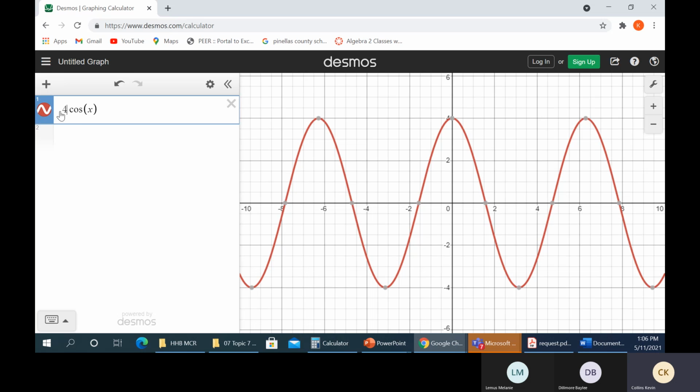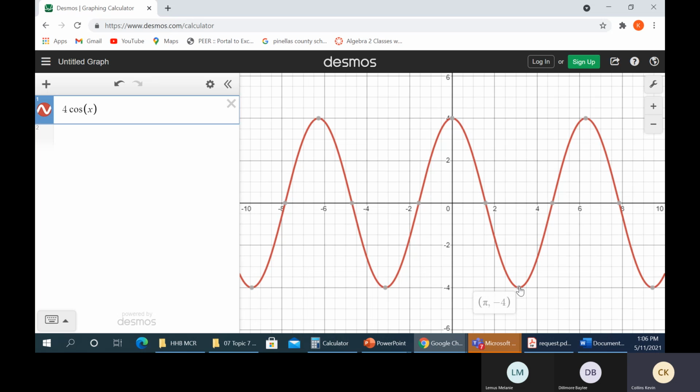So again, this number out front, we call this the amplitude. The amplitude is pretty much telling you that this is our low point and this is our high point, and how much do we go above or below the center line here? So obviously we go up 4 or down 4. So it's just the distance from the center line to either the top or the bottom.